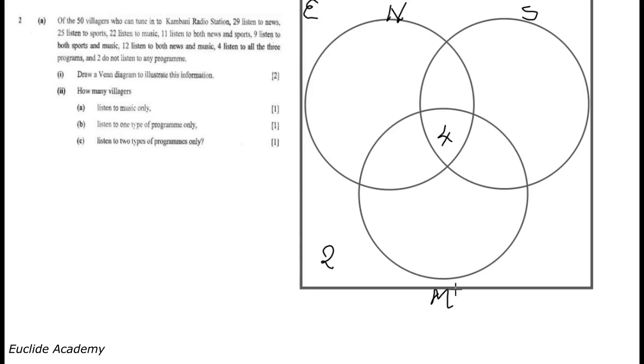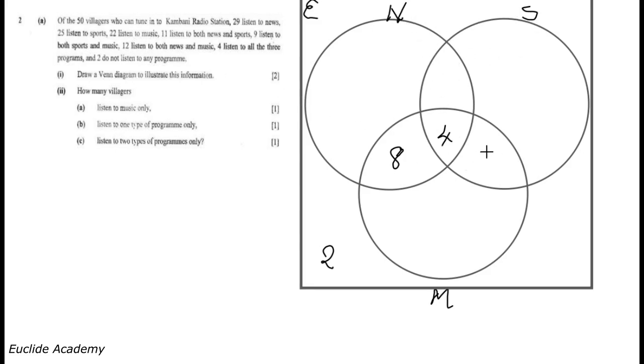Then that leaves 12 who listen to both news and music, which is this region here, they should be 12. You already have 4 here, so it should be 12 minus 4, and that gives you 8 here. 8 people listen to news and music. Then you come here, you say 9 listen to both sports and music.